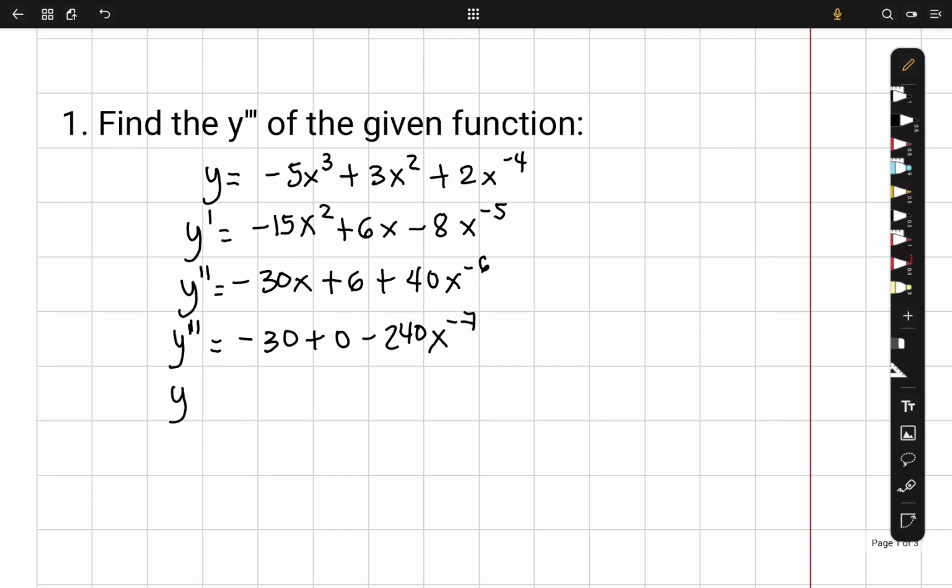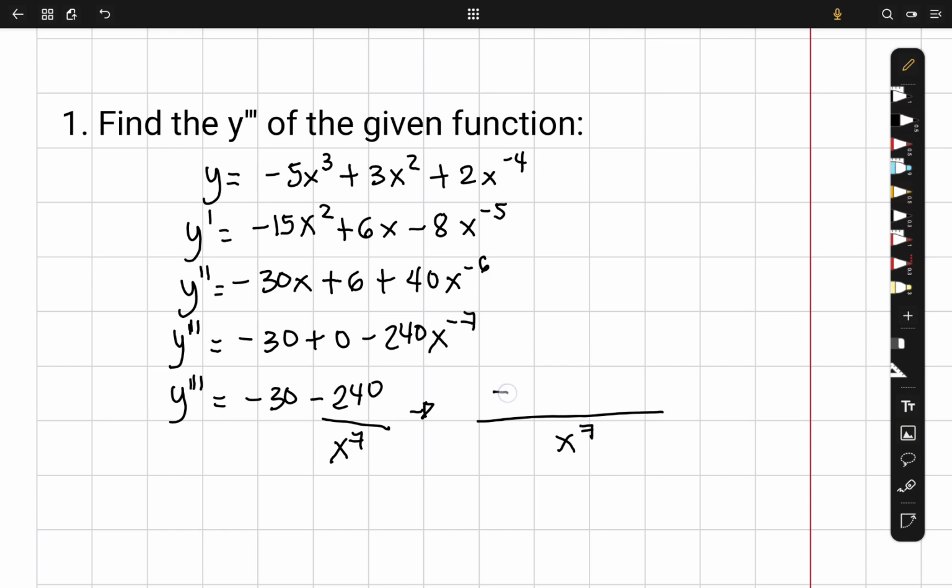So, y triple prime, that is equals sa negative 30 minus 240. Baba lang natin yung x natin sa denominator kasi nga naka-raise tayo sa negative exponent. So, we have x raised to 7. So, pagsamahin natin sila, so kunin natin yung ating LCD, which is x raised to the 7.